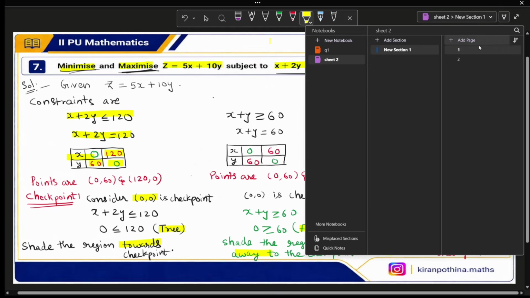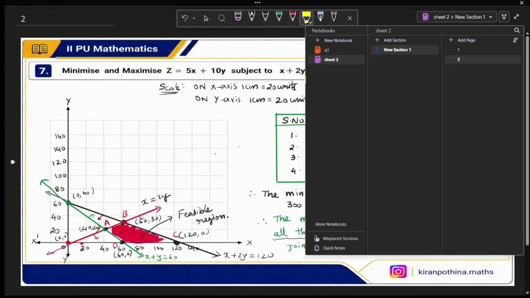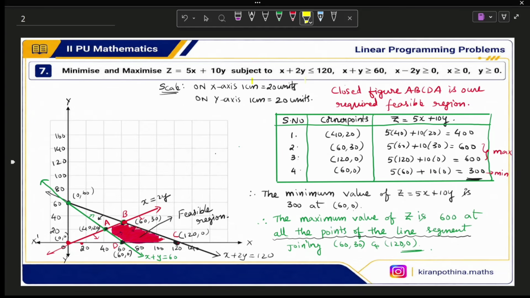Now we move to the second phase. After getting the points, we substitute them, join those two points, and get straight lines. We must mention the line equations, then the points, and then where the feasible region is.